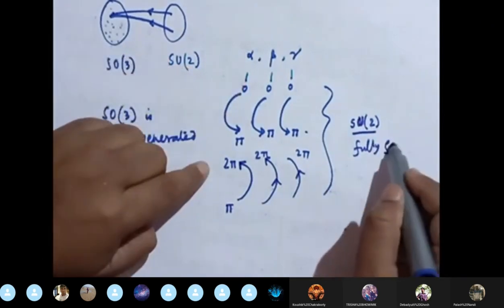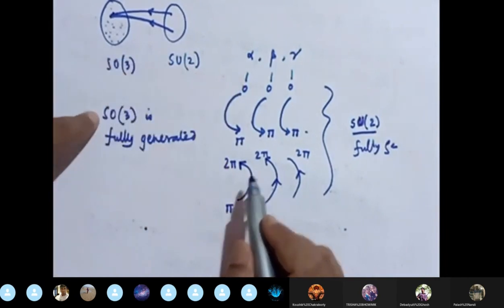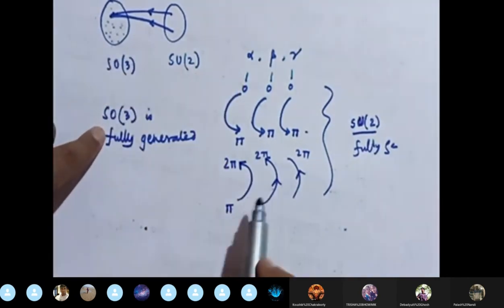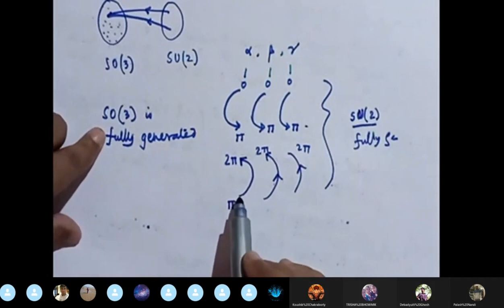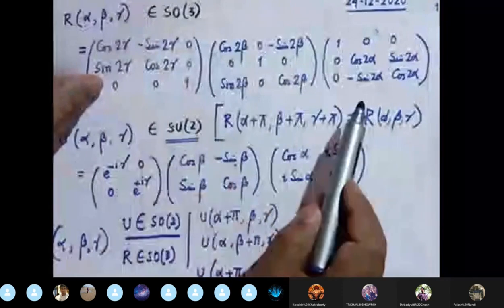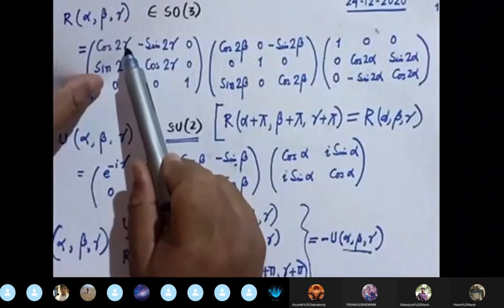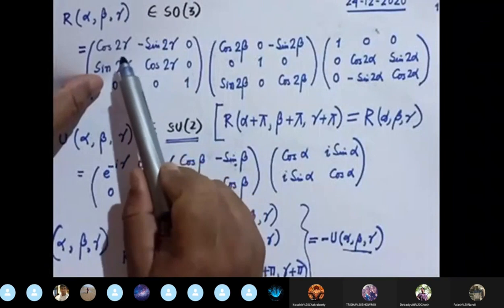But because of this half variation, the SO3 group has been fully generated. As it moves from pi to 2 pi, again all the elements of the SO3 group will be generated, because for pi it is 2 pi. Again, when it goes to 2 pi, this is 4 pi. So all the elements of the group are twice generated.